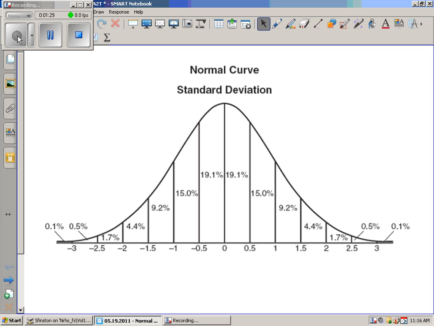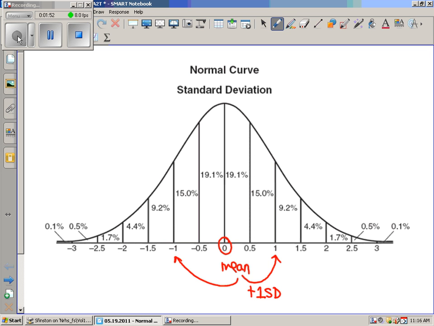And what happens is the following. The middle of the curve, this spot right here, this is the mean of whatever survey or collection of data that you have. And then going outwards, each of these spots is a standard deviation. Okay?